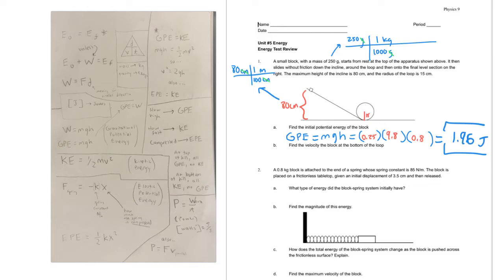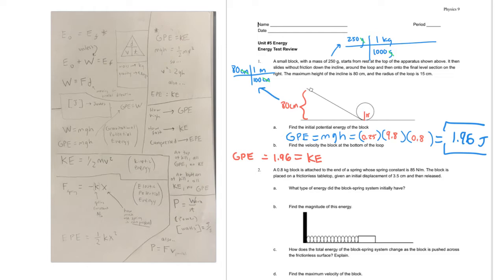It's 1.96. So it is sort of on us to remember that the 1.96 is going to be equal to the gravitational potential energy. That's what we just discovered in the last problem. But that's also going to be equal to the kinetic energy, okay? And once again, that's written right here. For my student at home, I would say write that down.